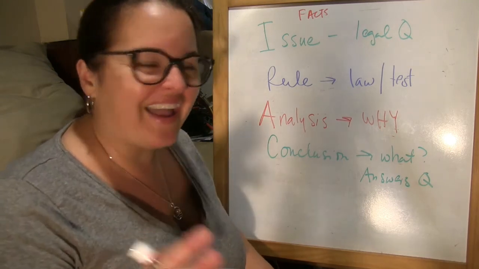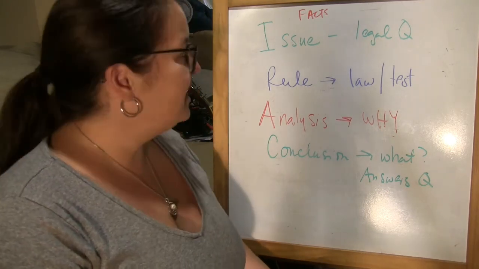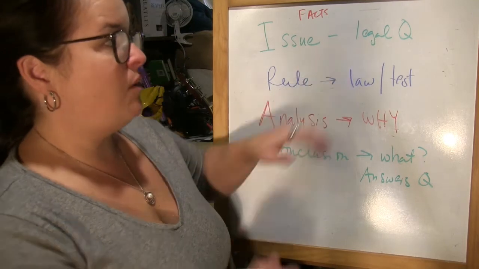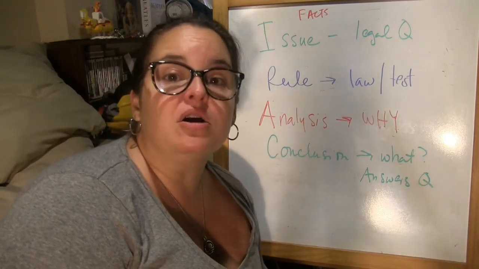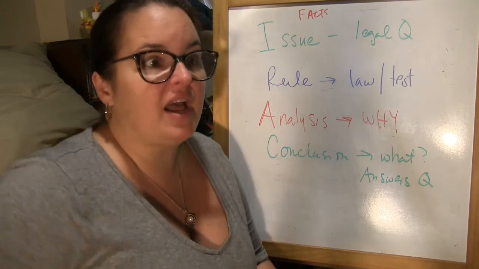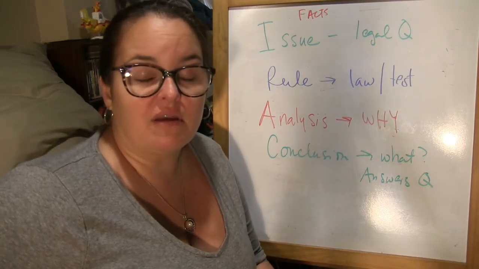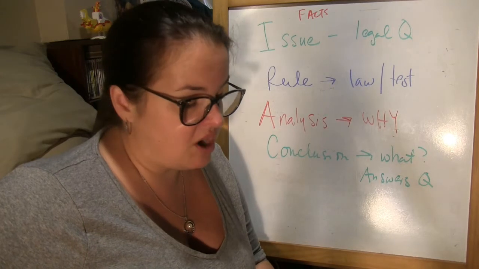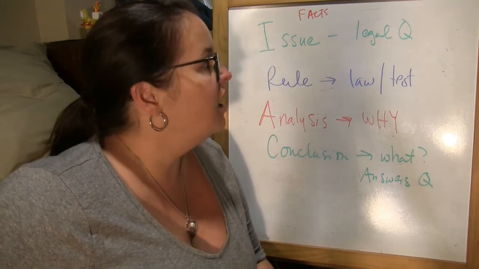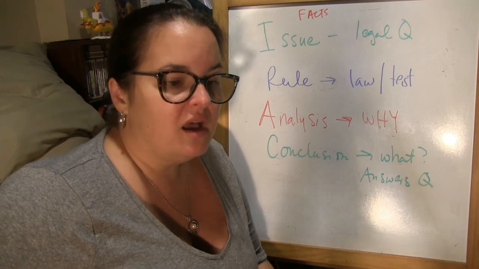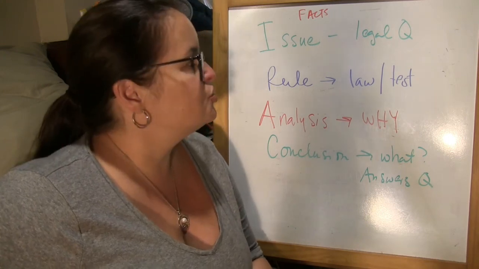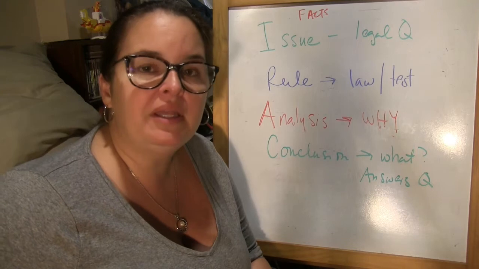No. Here's why. Sometimes I do, but let's say the issue that we're talking about is a bad car search. So I'm in court on a criminal case, and I've got a car that was searched. The police searched a car, and I think it was a bad search, and so it's a violation of my client's constitutional rights, the Fourth Amendment.